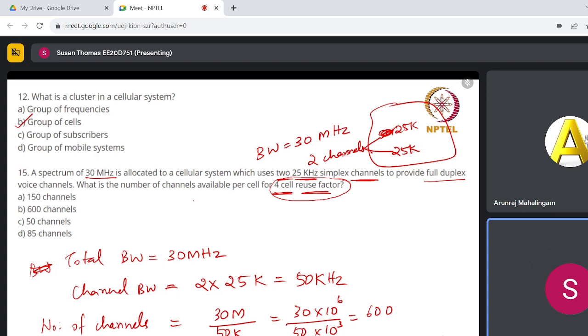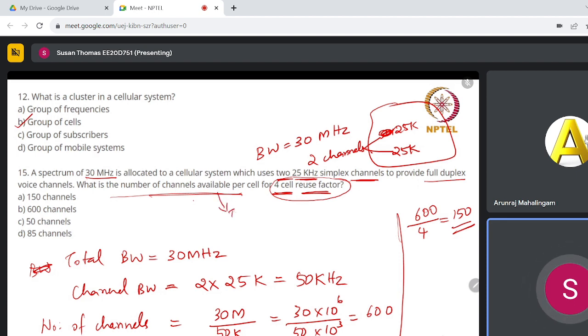If we are going to reuse 4 times, what will be the number of channels? Then it will be 600 by 4, which will be 150. The cell reuse factor. So the final number of channels available per cell will be what?